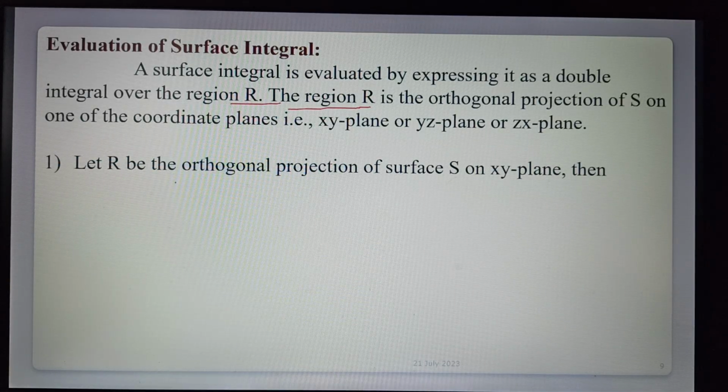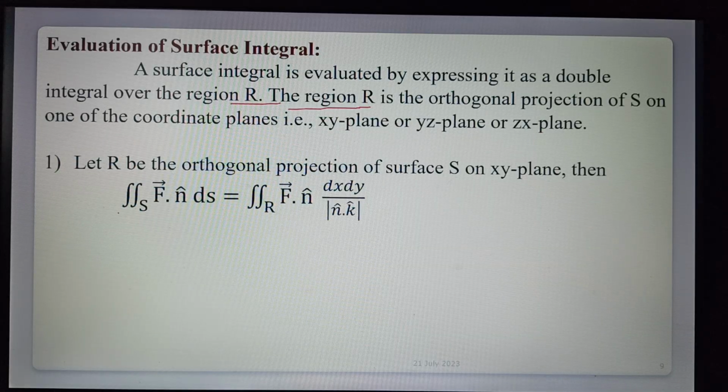Let R be the orthogonal projection of the surface on the xy plane. Then the surface integral over S is equal to the integration over R, where R is the projection in the xy plane. So f bar dot n cap ds is equal to the double integration of f bar dot n cap dx dy by mod of n cap dot k cap.